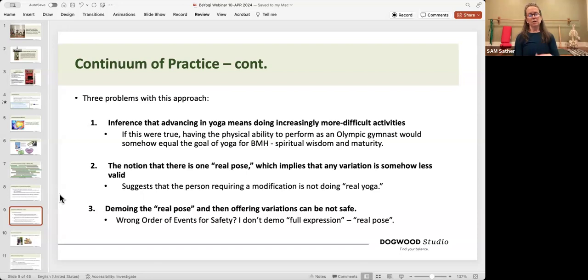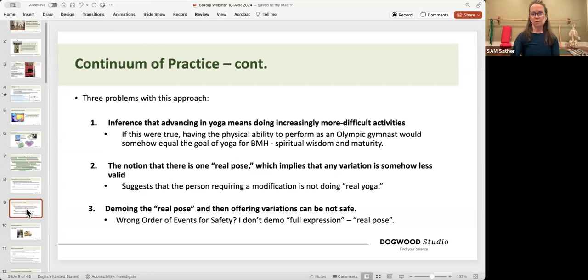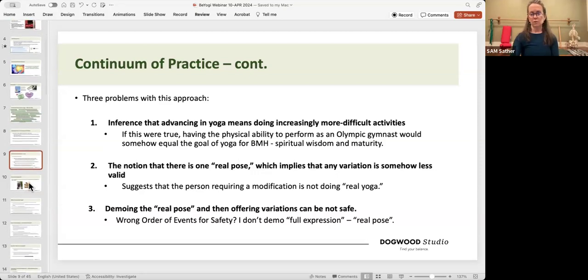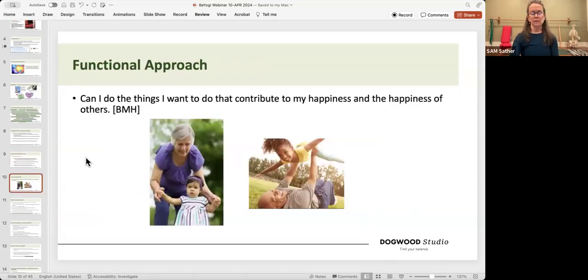And actually, if you think about it, the order of events is not really safe, offering the highest level, I shouldn't even say it that way, but a very complicated, extreme, maybe in the joints and everything else, or muscle, or sturdiness for that body that's demoing it. It's kind of showing that first and actually inviting sometimes for that to happen first. And that can really be quite dangerous and can lead to injury.